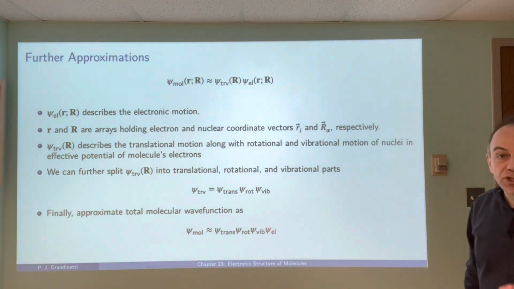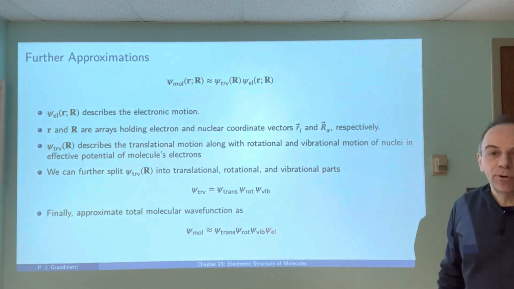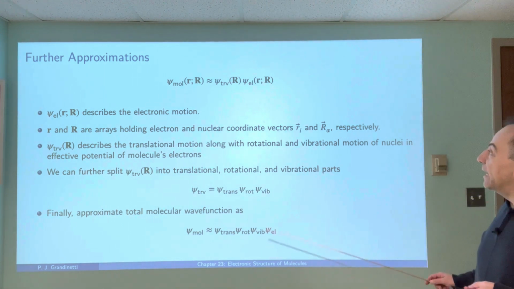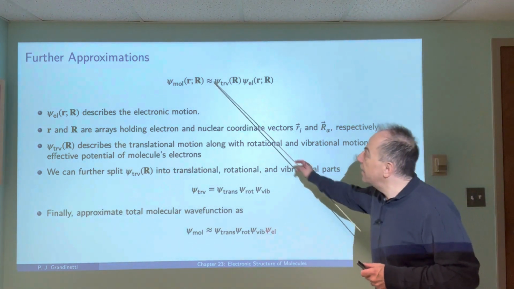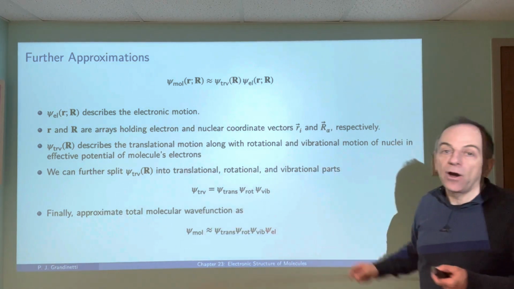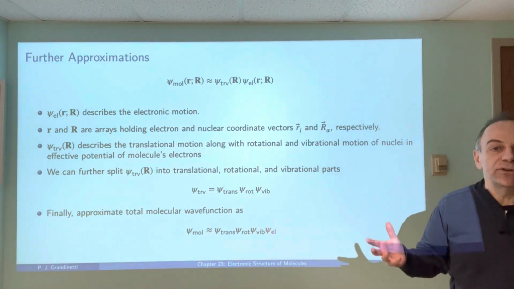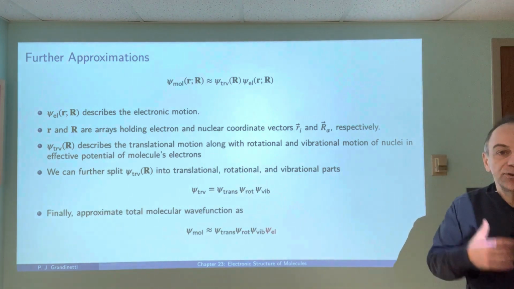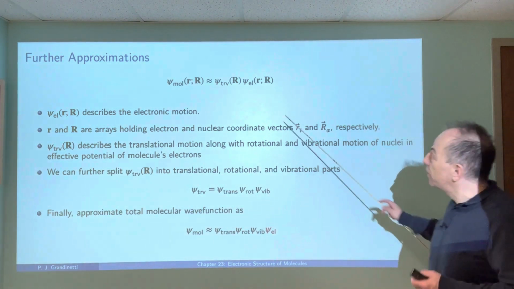Now, one of the solutions we learned at the beginning of this chapter was the Born-Oppenheimer approximation, and that allowed us to split the molecule's wave function into an electronic part and a part that's associated with the motion of the nuclei, which holds the translational, rotational, and vibrational motion of the nuclei.